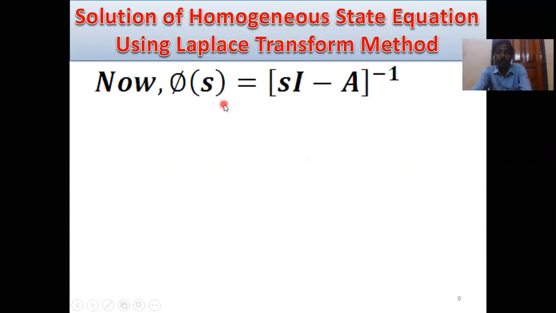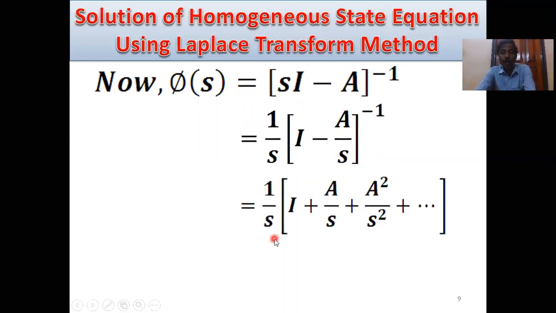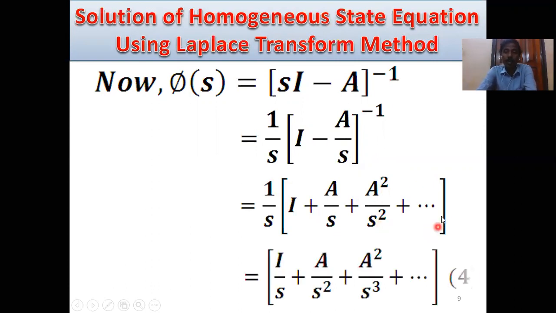Now phi of s equals sI minus A whole inverse, and taking 1 by s common, we get I minus A by s whole inverse. This is the binomial form. What is the expansion? 1 by s times I plus A by s plus A square by s square plus A cube by s cube plus up to A to the power n by s to the power n.